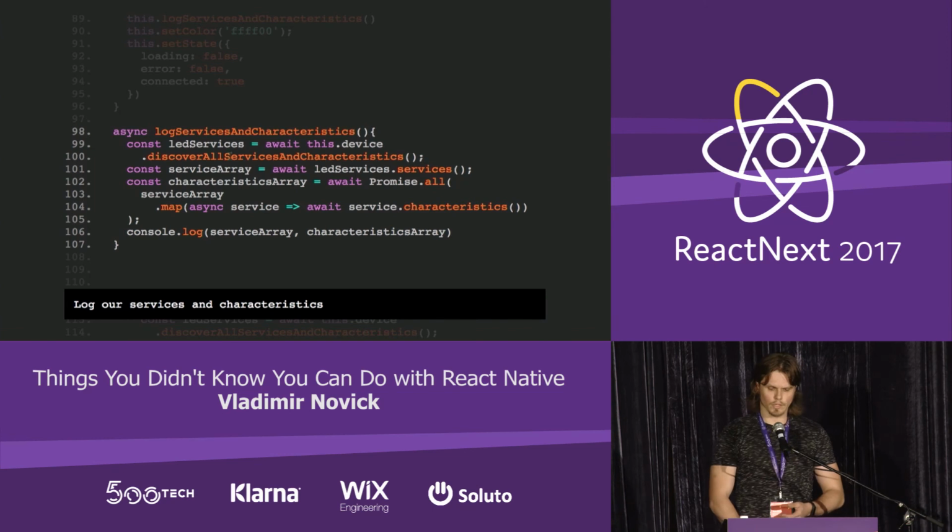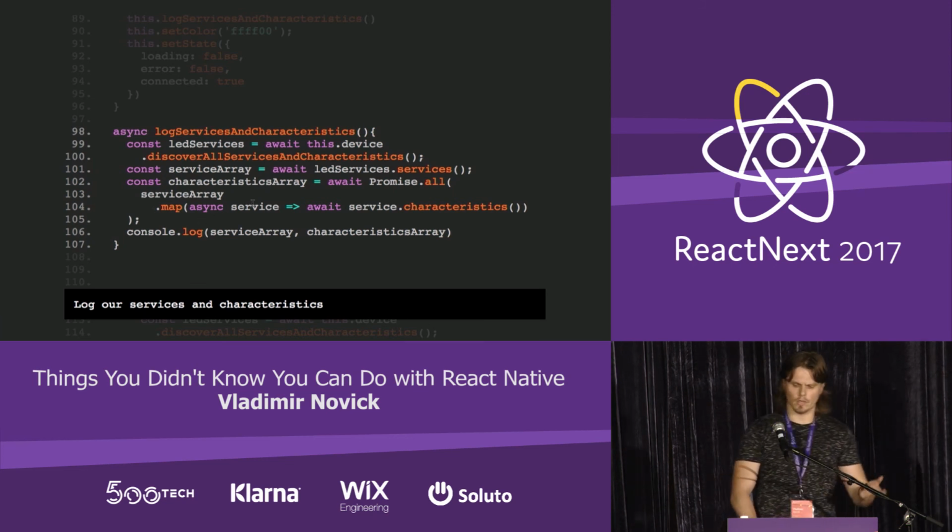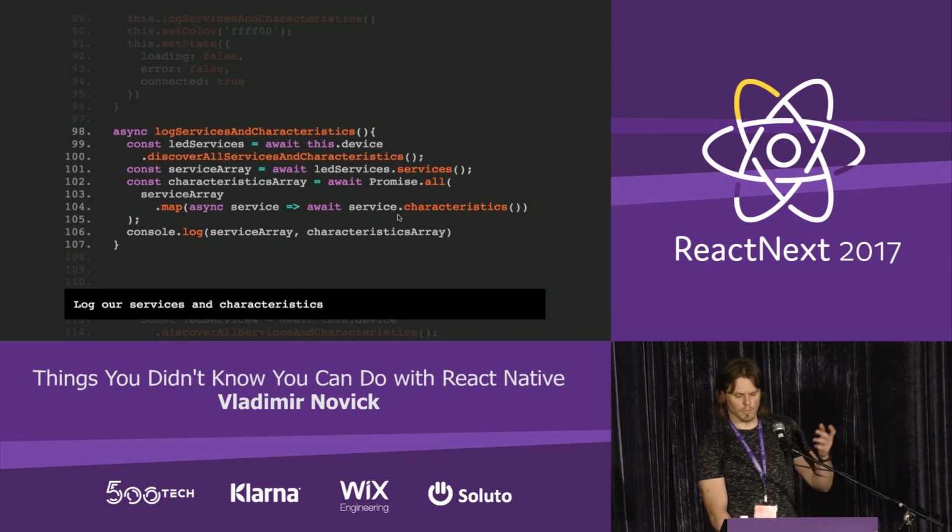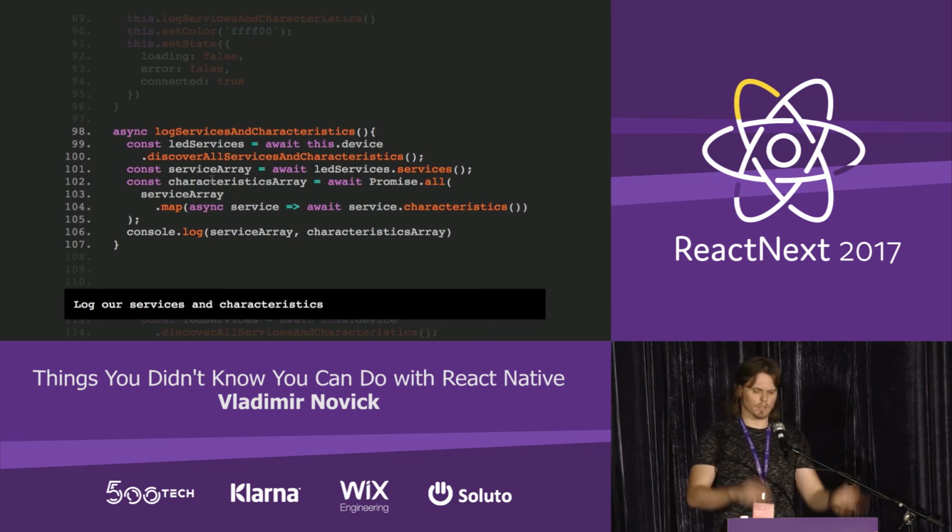I call again discover all services and characteristics to discover them. And then I call the services function on the returned response, which results in a services array. I basically map on the services array and I call an asynchronous function called characteristics on the service. And in the result, I do Promise.all and get a characteristics array.